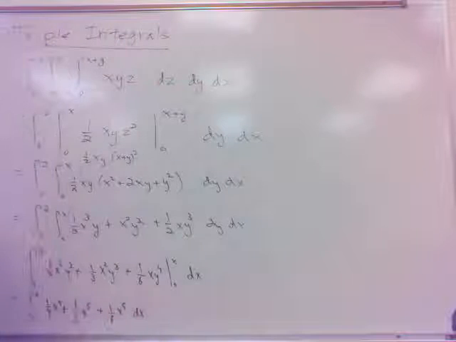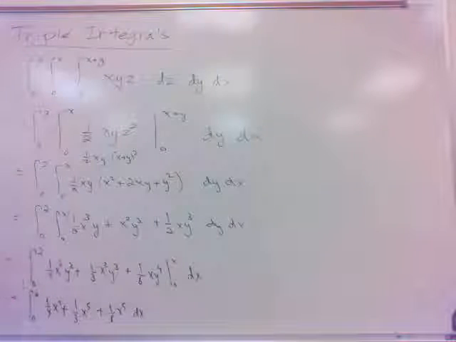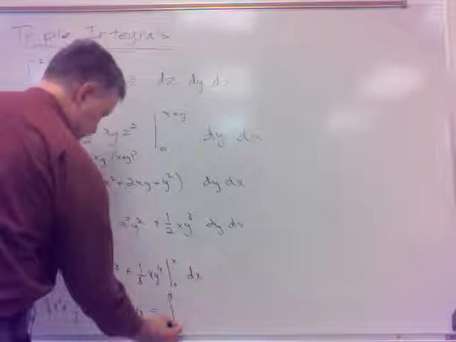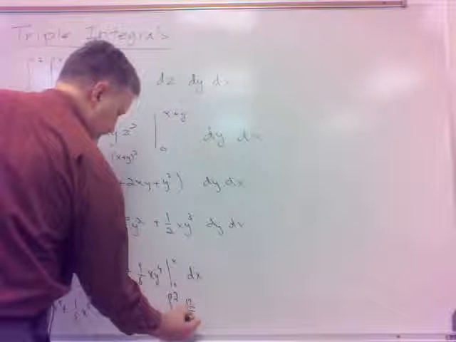One nice thing about it, so we just combine all those. 1/4, 1/3, something, 24ths. 17 24ths. So we got 0 to 2, 17 24ths, x to the 5th.